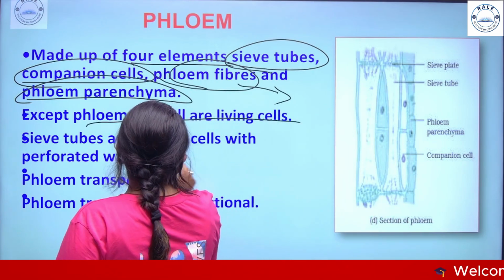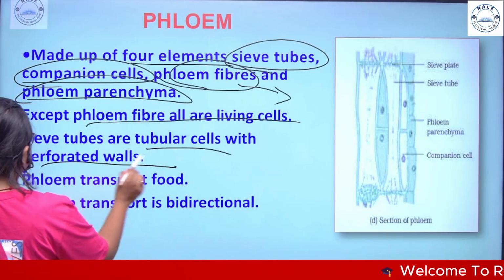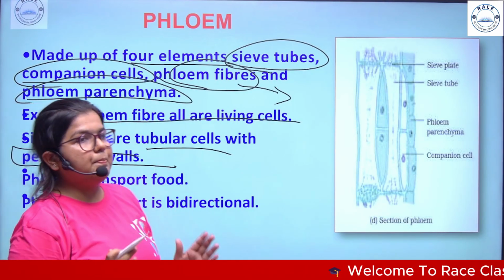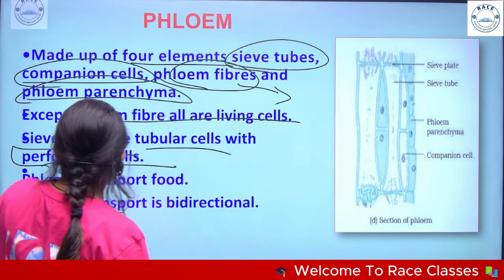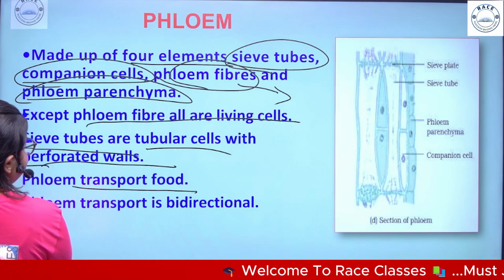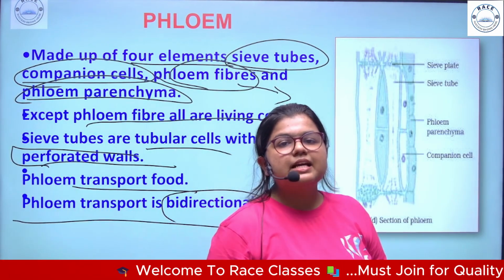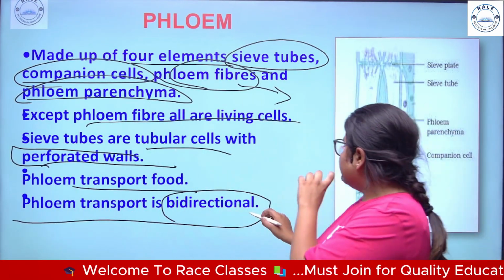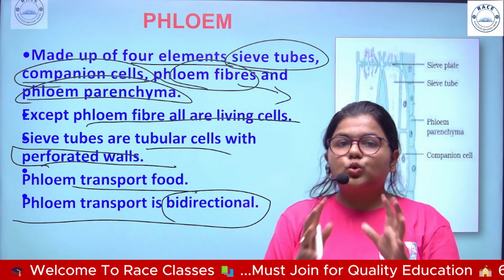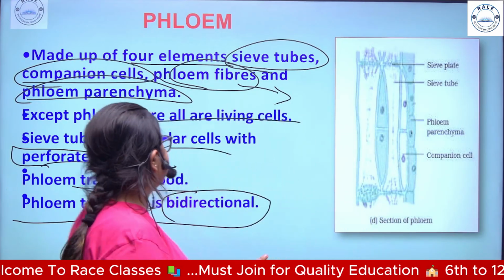Rest all the cells that are present in this tissue are living. Except phloem fiber, all are living cells. Sieve tubes are tubular cells with perforated walls, and they transport food. Phloem transports food in a bidirectional manner. That means they can transport the food in 2 directions, both the directions.